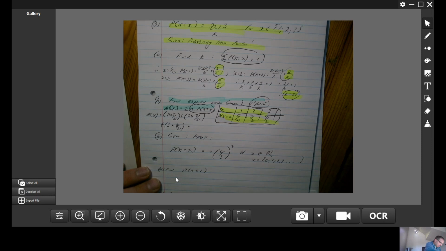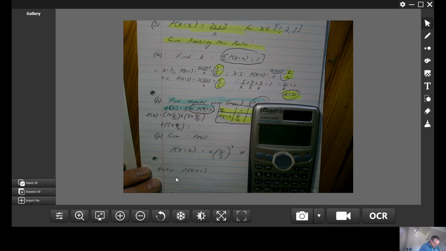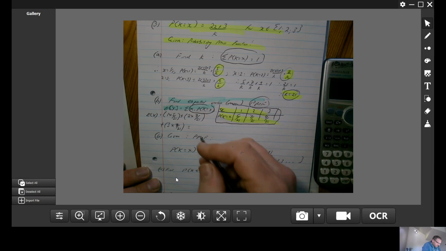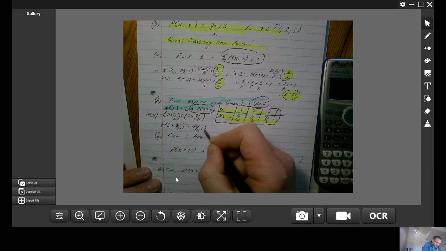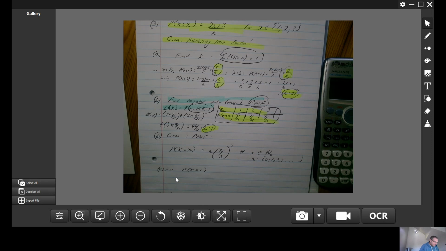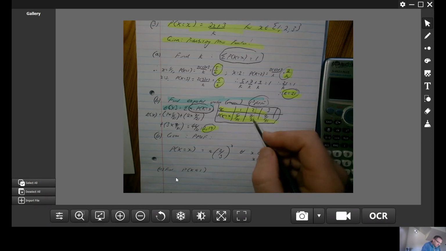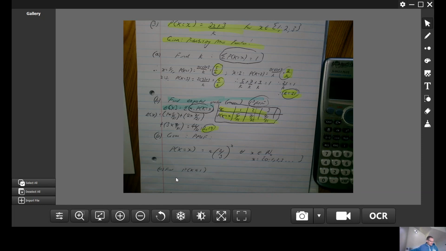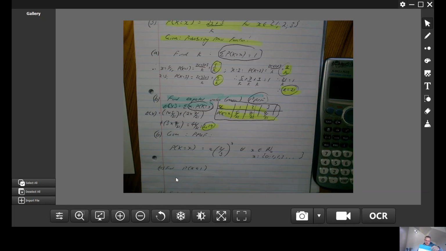If you work that out, you get 5 over 21 plus 14 over 21, 2 times 7, plus 27 over 21, and we should get an answer of 46 over 21, which is equal to 2 and 4/21. So you'd expect an outcome of around about 2.19, which makes sense because it's somewhere between 2 and 3. So that would be your expected value.